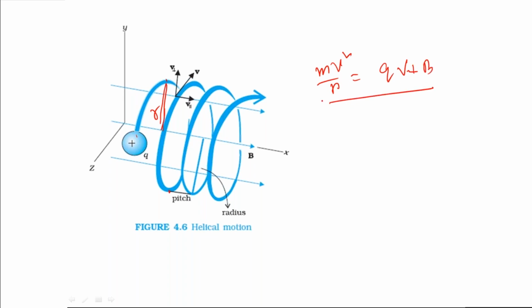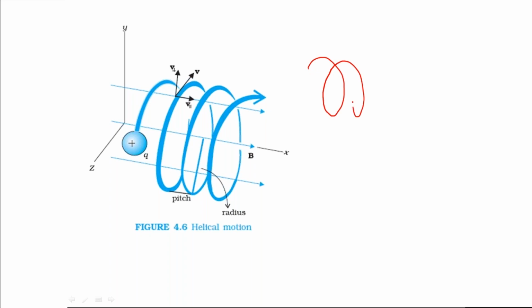And one more parameter you have, like sometimes people will ask you to find out the pitch. What is pitch? A charged particle is moving like this, and if the circle completes a revolution, then the total time it takes to complete a revolution is called the time period.